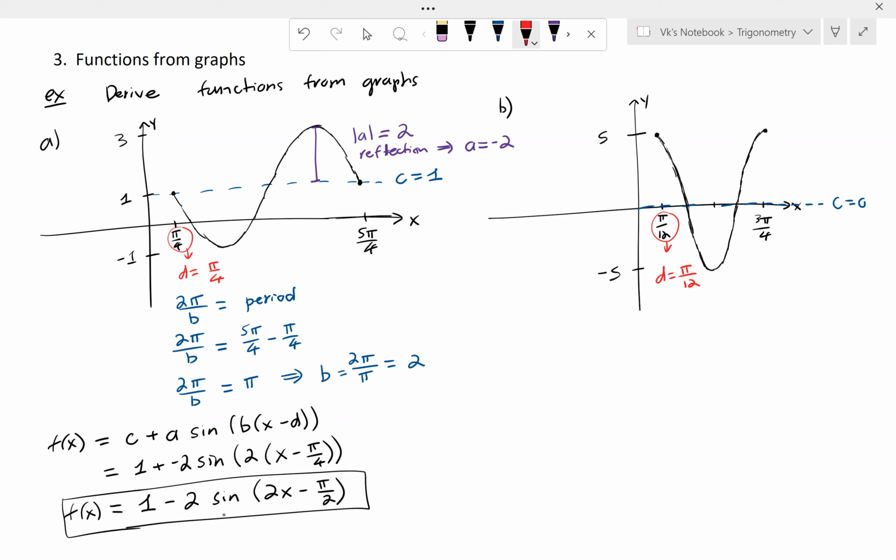Next, the distance from the middle of the graph to the top or to the bottom. This would give us the absolute value A equal 5, no reflection, so A equal 5.